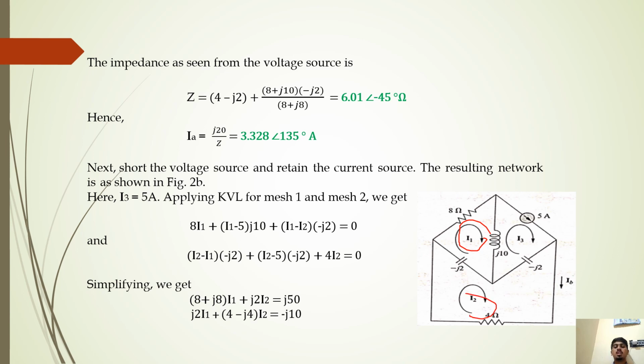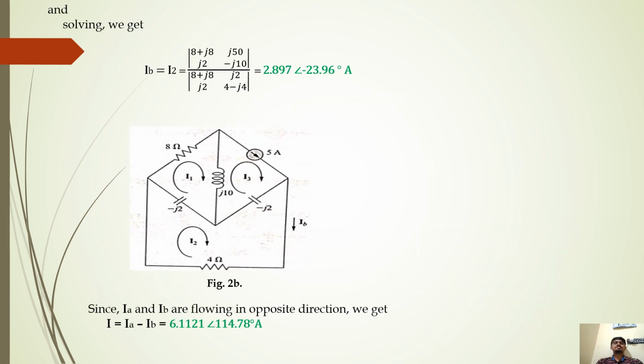We get (I2 minus I1) into minus j2 plus (I2 minus 5) into minus j2 plus 4I2 is equal to 0. Simplifying both equations, we get (8 plus j8) I1 plus j2 I2 is equal to j50, and j2 I1 plus (4 minus j4) I2 is equal to minus j10.